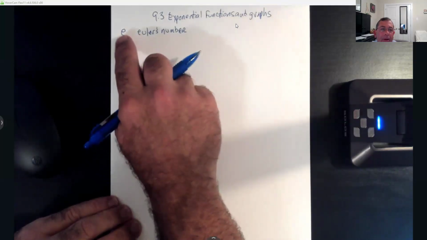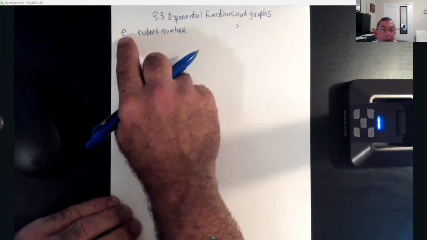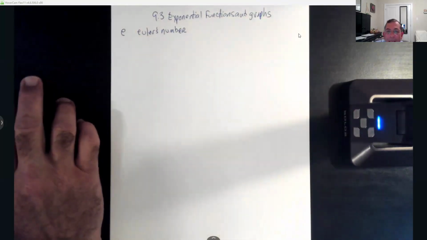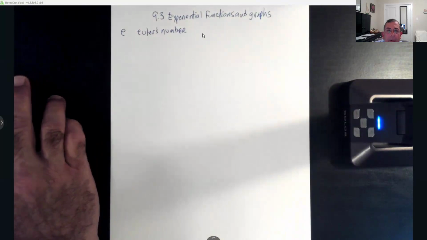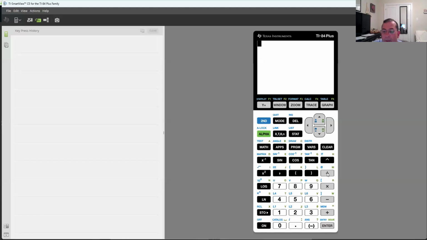So on our calculator, we can evaluate e, okay? So I'm going to show y'all where e is on your calculator. If you look right above the divide sign on your calculator, there's a blue e. So if you hit the blue second button and the divide button, it'll bring the e on the screen.